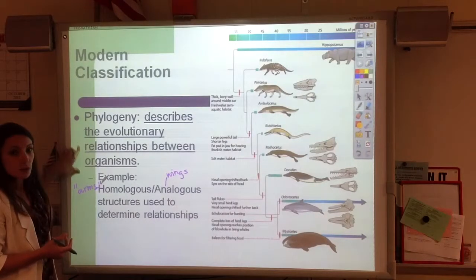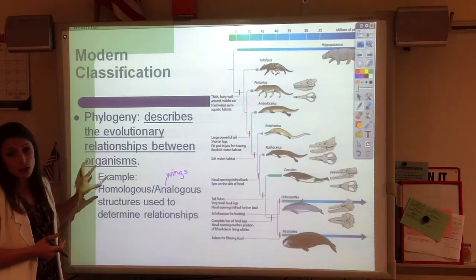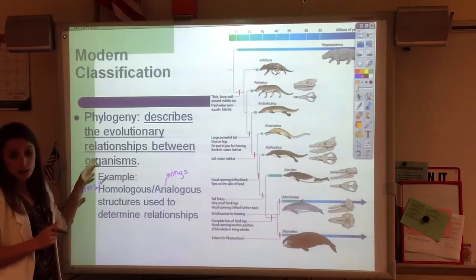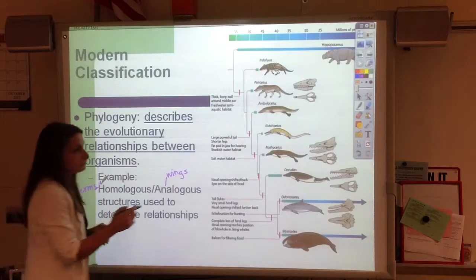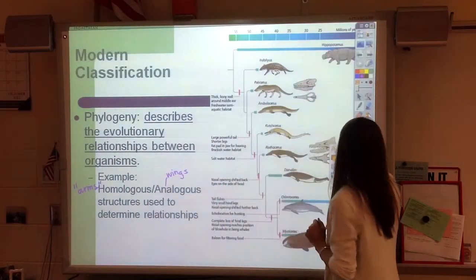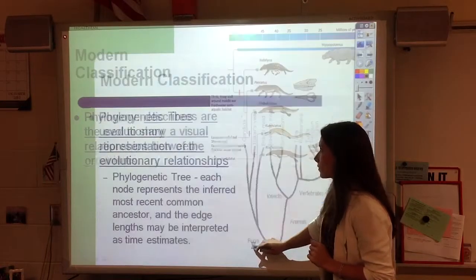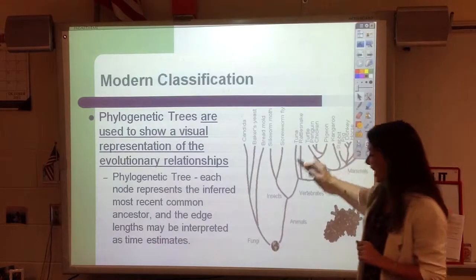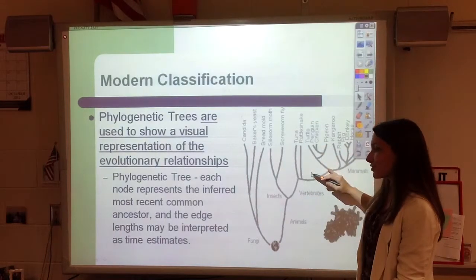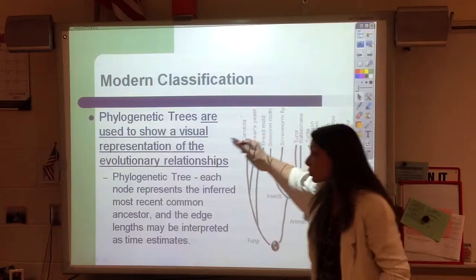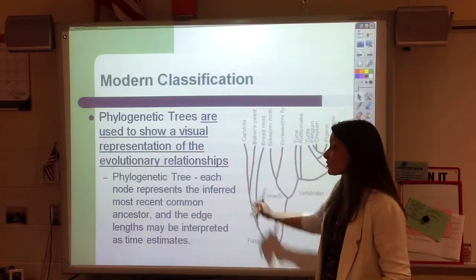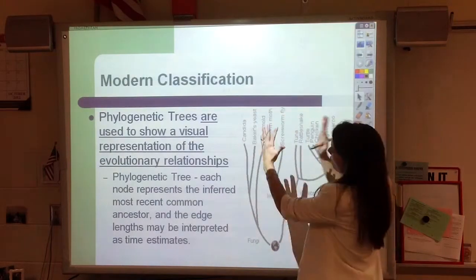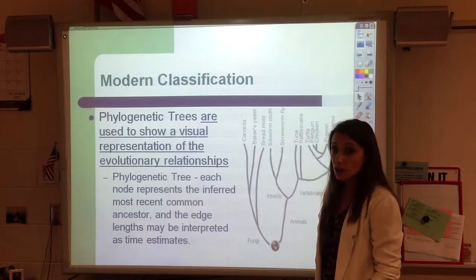And so we're going to look tomorrow at what are called phylogenetic trees and how to really understand a family tree that's based on evolutionary relationships. And so what we'll be doing tomorrow is creating some phylogenetic trees and learning how to read them. This is a visual representation of evolutionary relationships. And so this is a big part of classification, knowing which organisms are related to which other organisms.